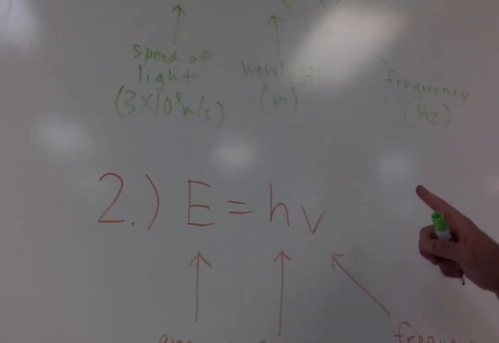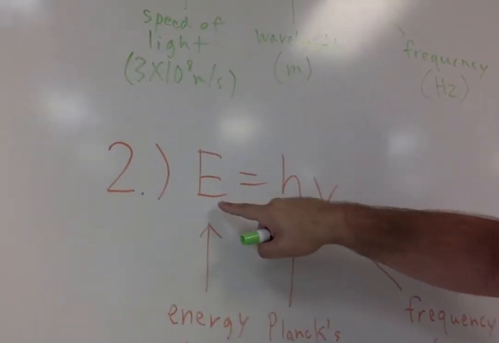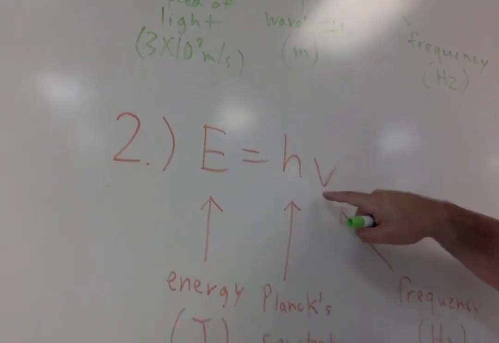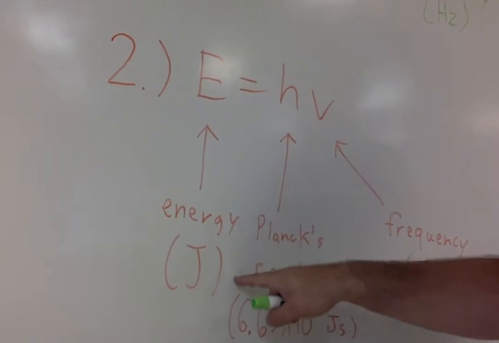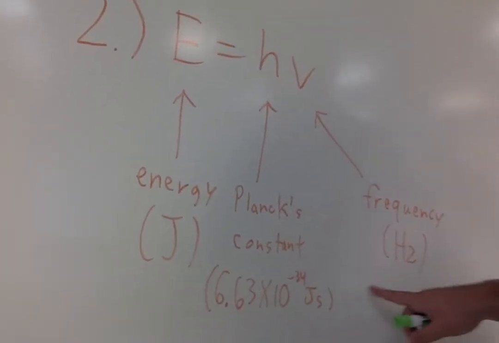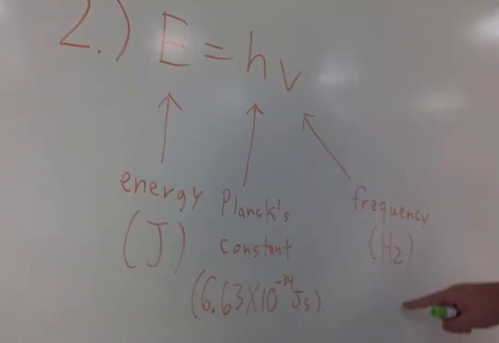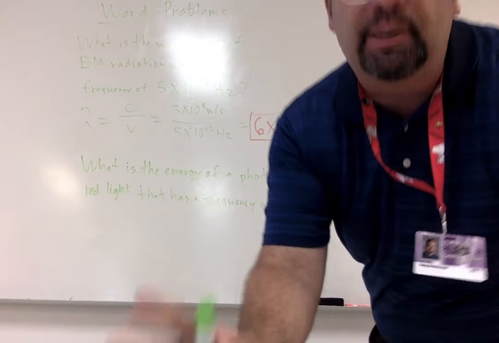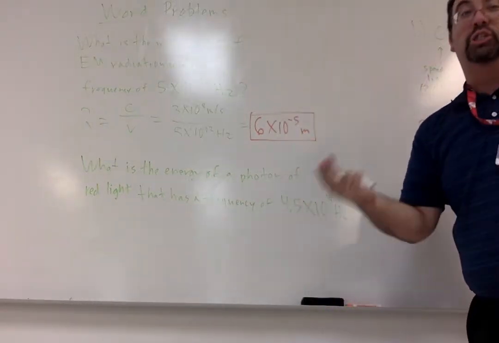Notice in this problem, we're looking for energy, and so we're going to be using this equation. E equals hv, where E is for energy, h is for Planck's constant, which I have to provide for you, and v again is for frequency. All we have to do is plug in what we're told and solve for the answer.